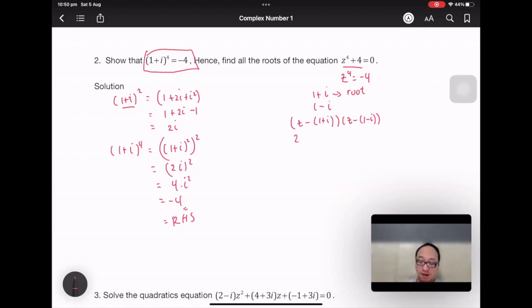So I will have z squared minus (1 - i)z minus (1 + i)z plus (1 + i)(1 - i).